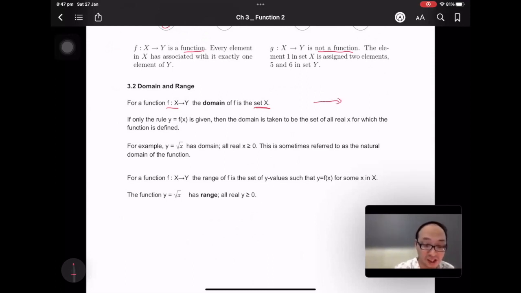So if we have the Cartesian diagram of the function f(x), all values in x-axis will be the domain, and all values in y-axis will be the range.